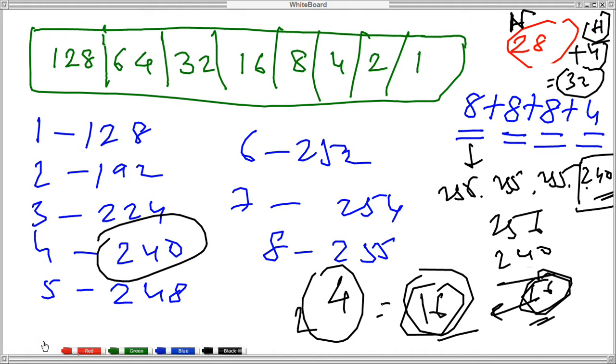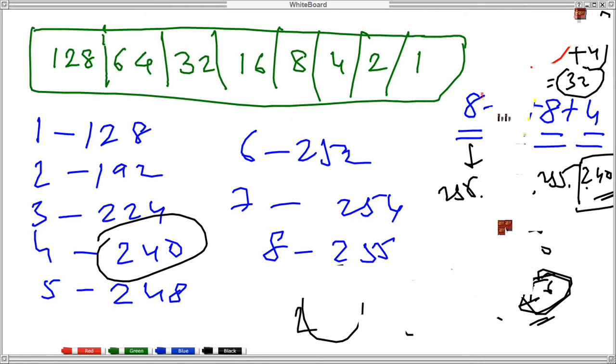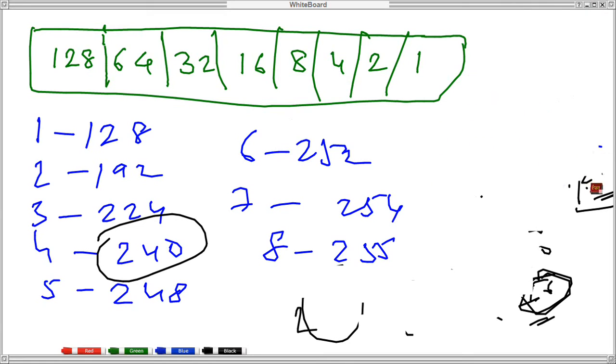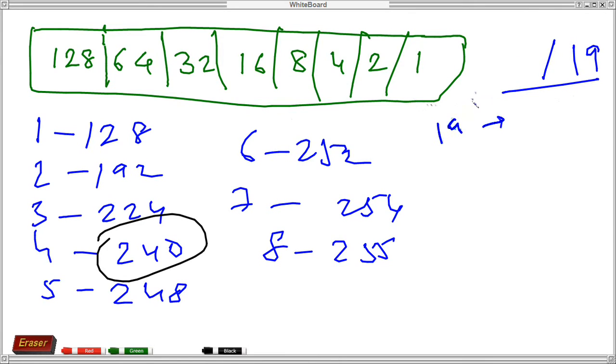Let me take one more example and tell you elaborately. Now, how to write in CIDR notation. In CIDR notation, we always mention how many bits are set to 1, that means how many bits are in the network. For example, if I write slash 19, that means 19 bits are in the network, and 32 minus 19, that is 13 bits, are in the host.